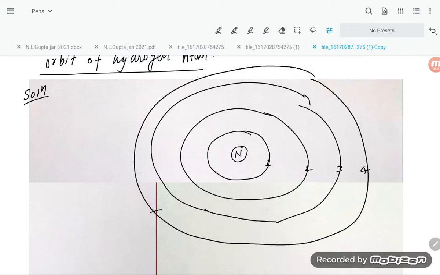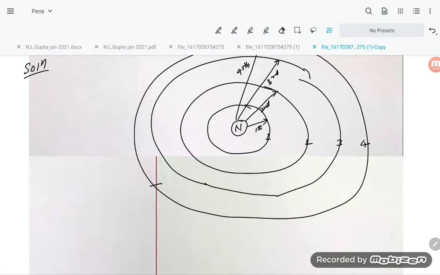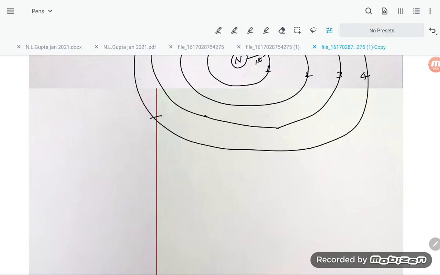They are asking the radius of each: this is the first radius, this is the second radius, this is the third radius, and that is the fourth radius. Right, student?